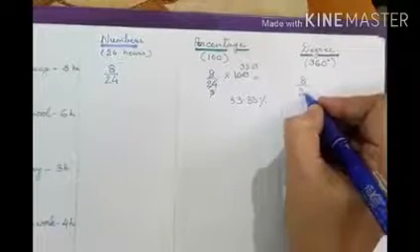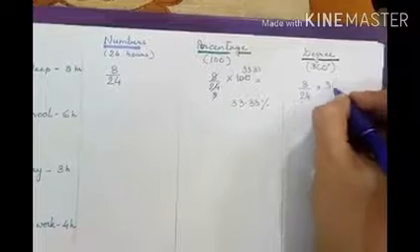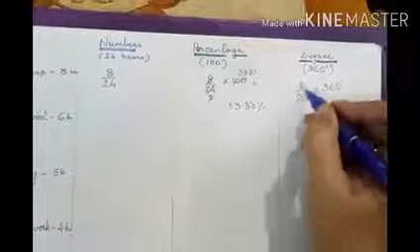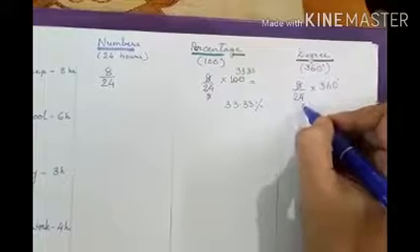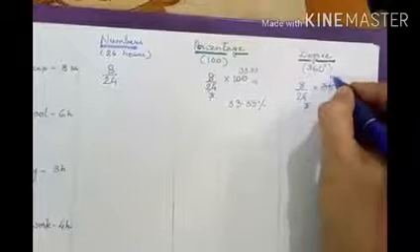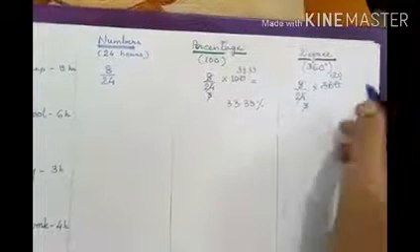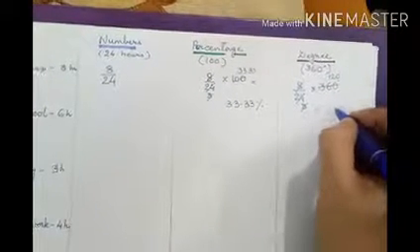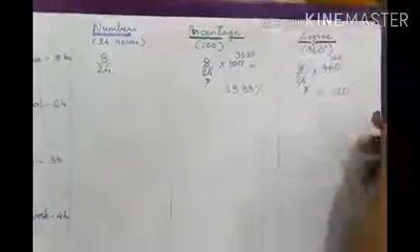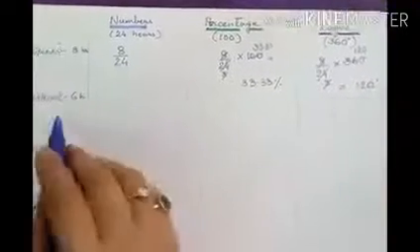So 8 upon 24 was my fraction, and I'll multiply it with 360 degree. And when you divide, again 8 3s are 24, and here I get 120. So if I have to represent the sleeping hours, what degree shall I make there? 120 degree.